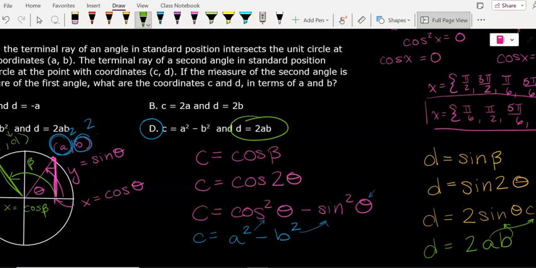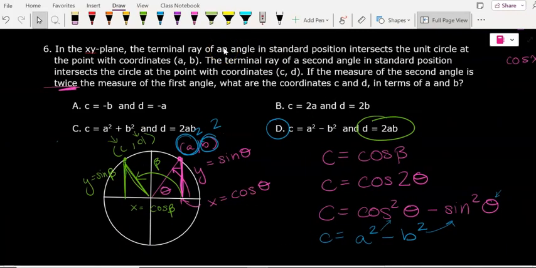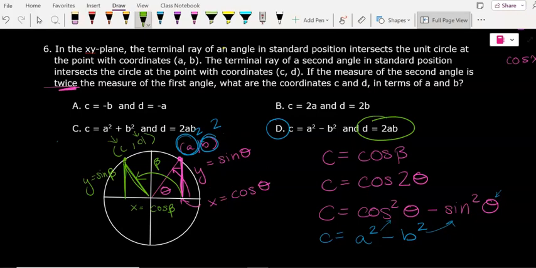You really got to understand the question and that it's saying that that second angle is twice the measure of the first one. So when I hear that twice, I'm thinking, okay, that's definitely a double angle. We also have to understand, in order to answer this question, that because it's on my unit circle, my cosine value of whatever the angle I have is equal to the x value for that angle at the coordinate point where it intersects the unit circle.